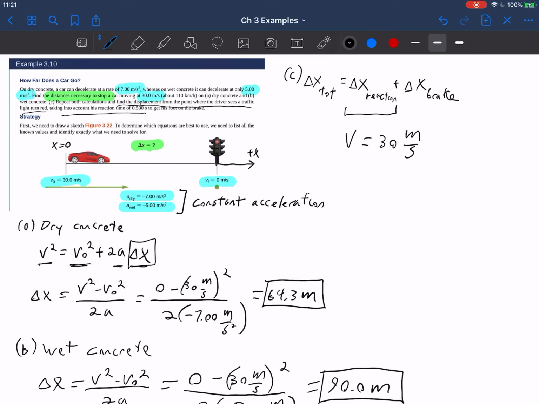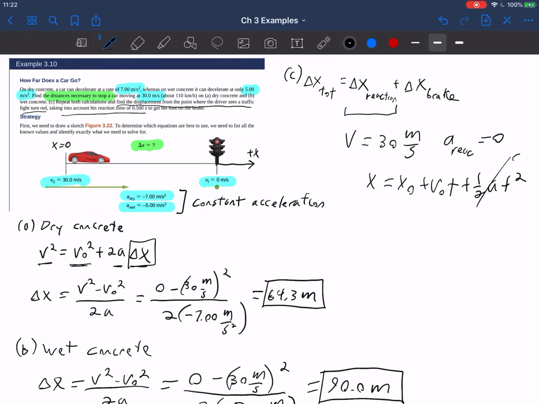Okay, so if you're driving at 30 meters per second for half a second, you drive 15 meters, right? But we can write that down more explicitly using our constant acceleration equations. In this case, I think this equation is going to be relevant to you. x is equal to x naught plus v naught t plus 1/2 a t squared. Right? But during this period, during the reaction, our acceleration is just equal to 0 because you haven't put your foot on the brake yet.